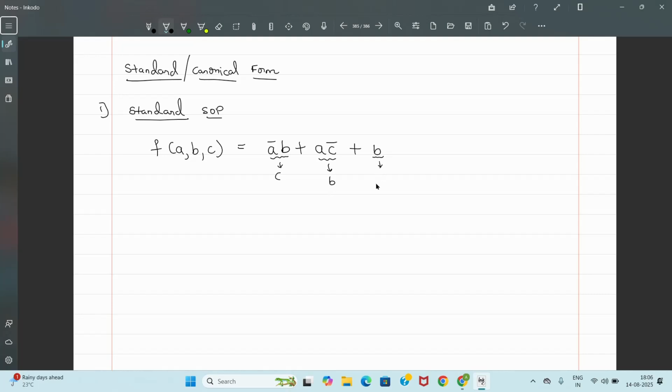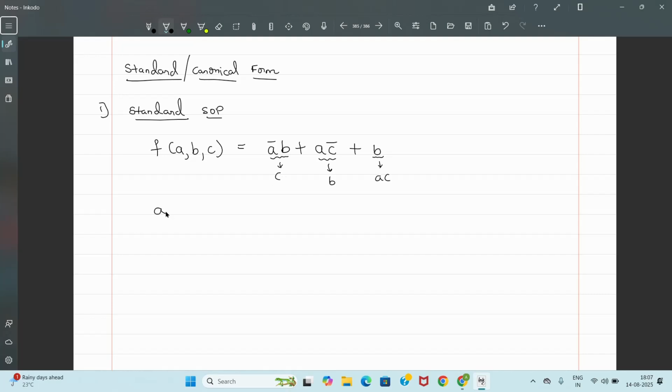And in the third term, both a and c are missing, I have to include them. After including the missing variables, I have to write this equation, making sure that all the product terms have all three variables in them. That is standard form in SOP. So we'll see now how to include the missing terms.